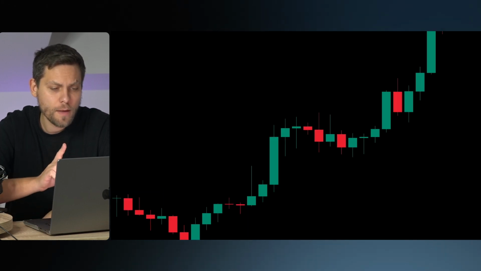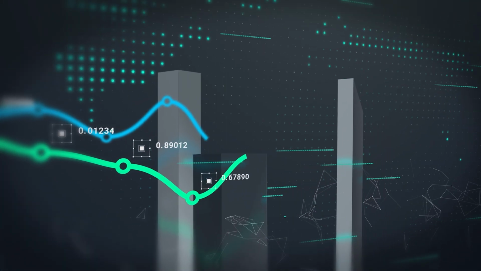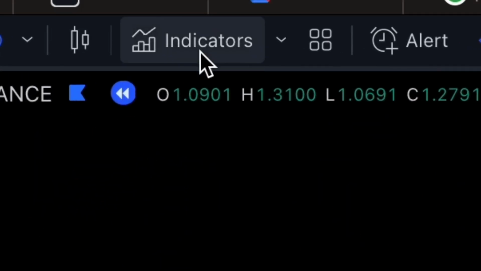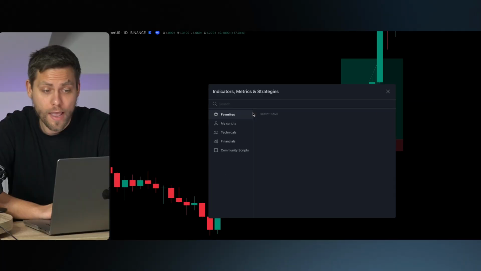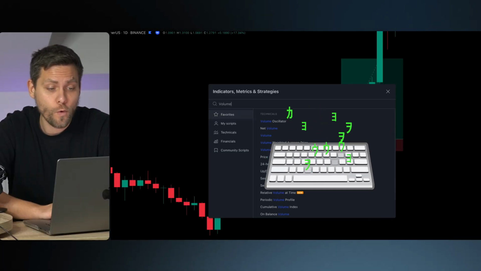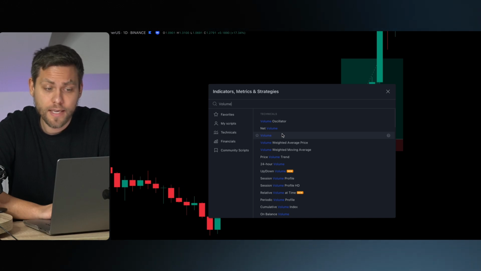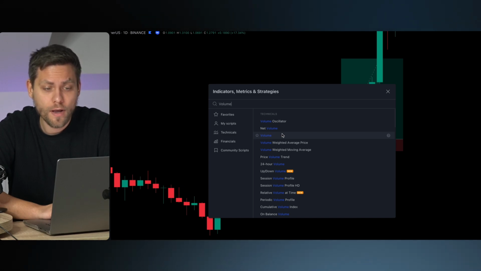Now, let's open up a very important indicator that you should use together with the bull flag. So let's go up here to the indicators tab in TradingView and simply search for volume. As you can see, we have many different volume indicators, but we want to open up the simple one called volume.